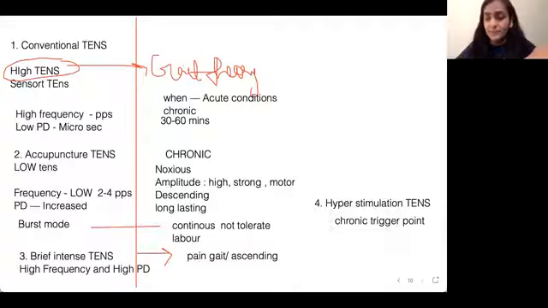Is that clear? Now, whenever you give TENS to a person, within the machine itself, so that your nerves don't get adapted, your parameters keep changing, by 10% every second. Why do they keep changing? To prevent neural adaptation.